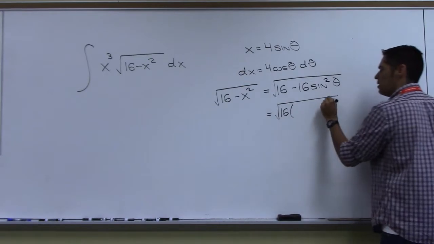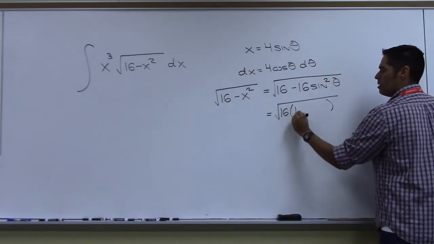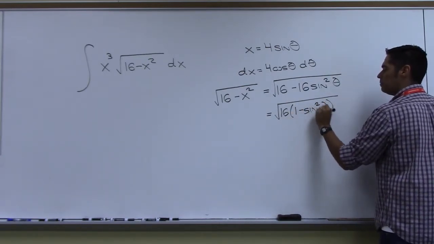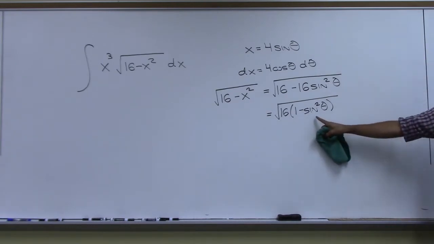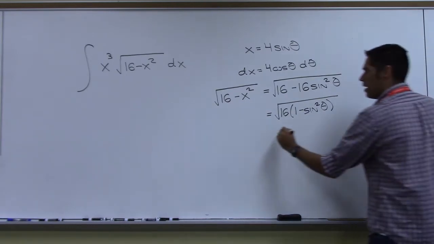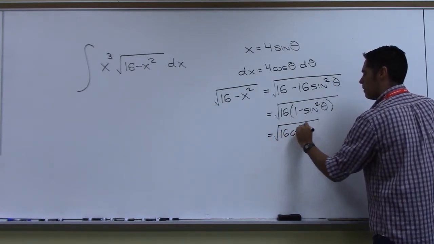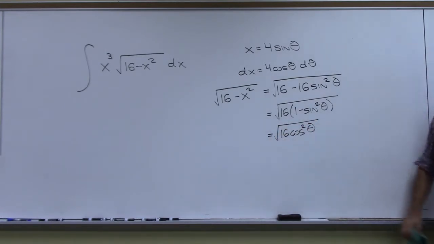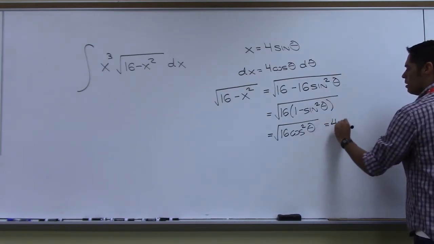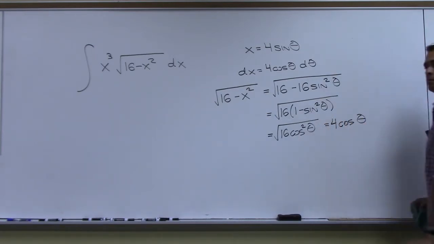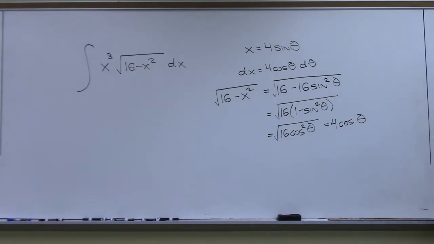And what's left when you factor the 16 out? 1 minus sine squared theta. What's 1 minus sine squared theta? Cosine squared theta. And what's the square root of 16 cosine squared theta? 4 cosine theta. Isn't it?